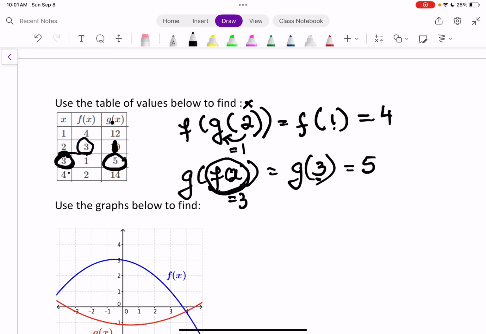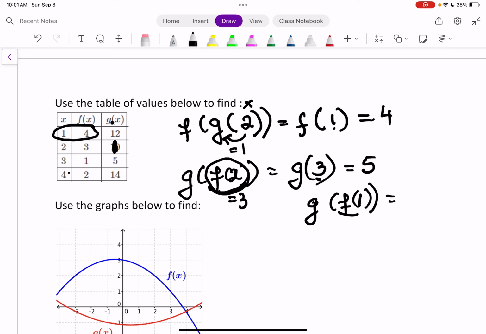Let's try one more. What is g of f of 1? So here it is, f of 1. Let me delete everything else so that we don't get confused. What's f of 1? So x is 1.